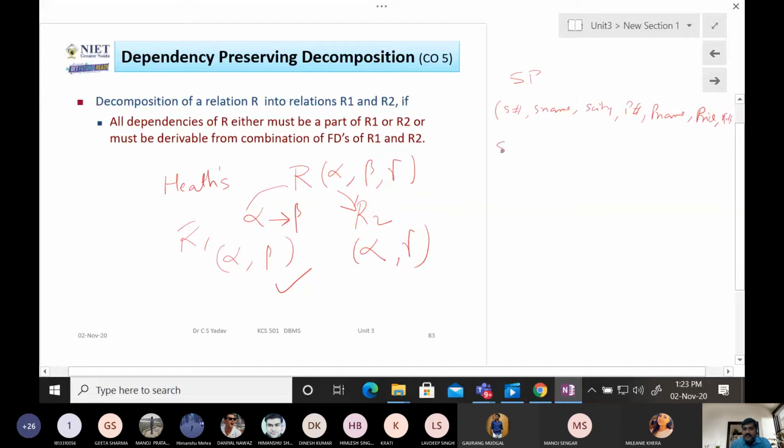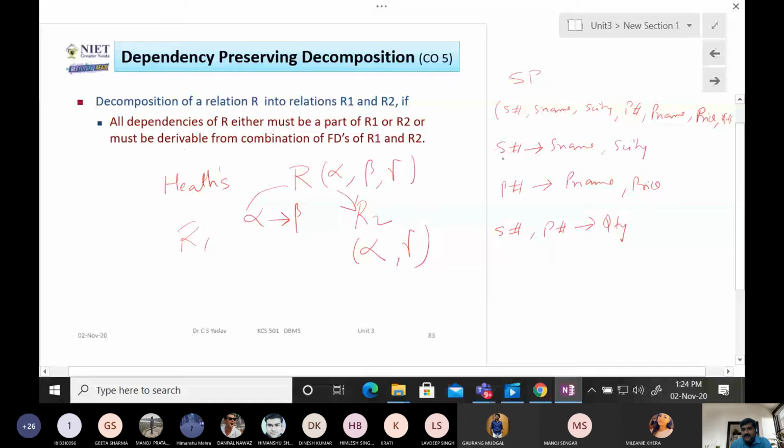Then we have functional dependencies: S number determines S name, S city. Second, P number determines P name and price. And then S number, P number determines quantity.